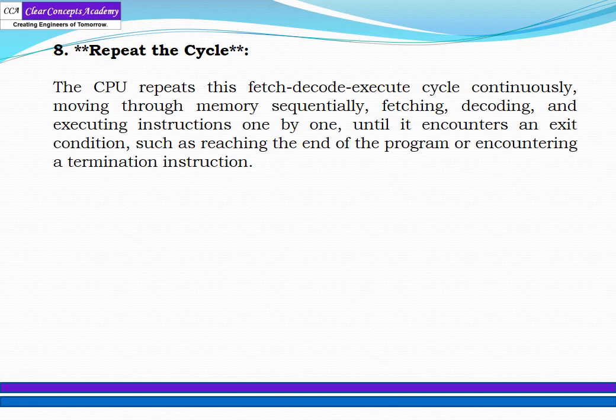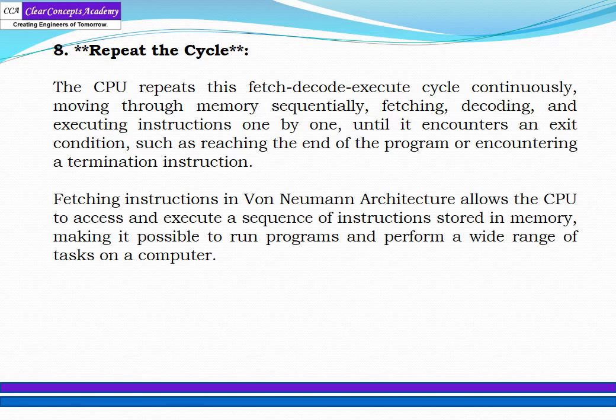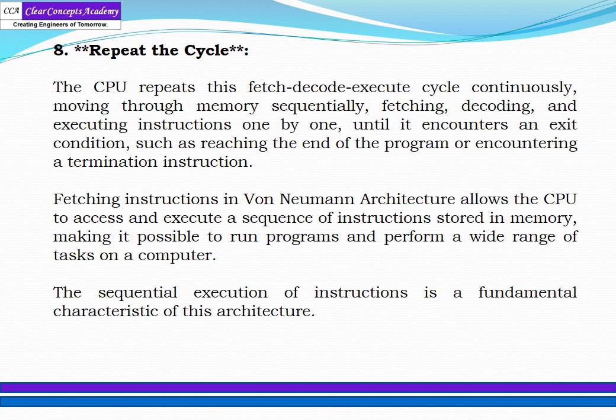The cycle, that is fetch, decode and execute, will continue till the end of the program or the termination of the program. Fetching instructions in Von Neumann architecture allows the CPU to access and execute a sequence of instructions stored in memory, making it possible to run programs and perform a wide range of tasks on a computer. The sequential execution of instructions is a fundamental characteristic of this architecture.